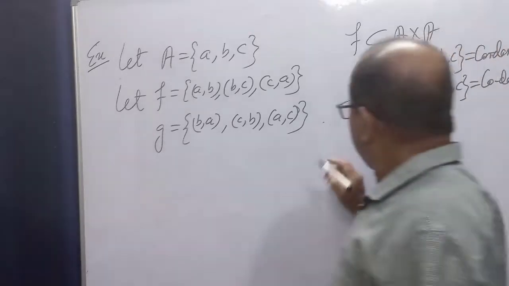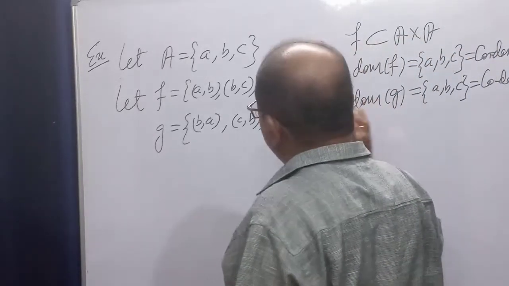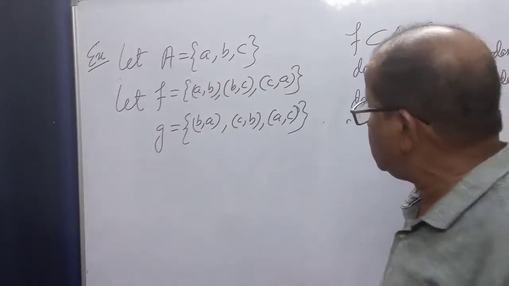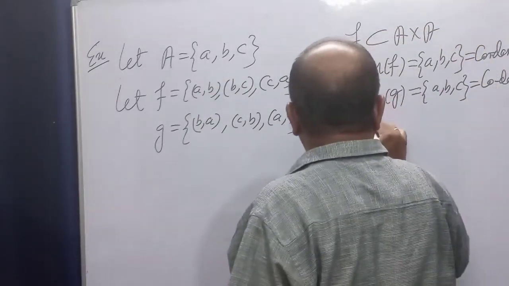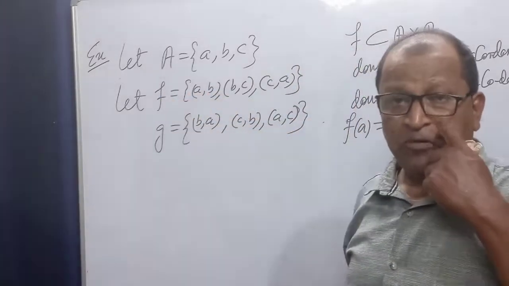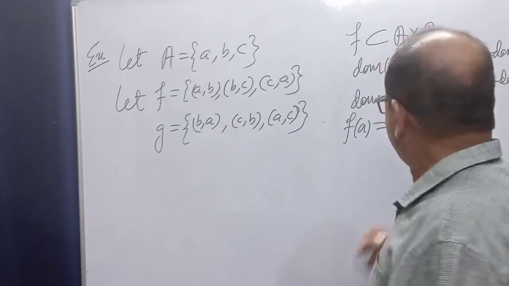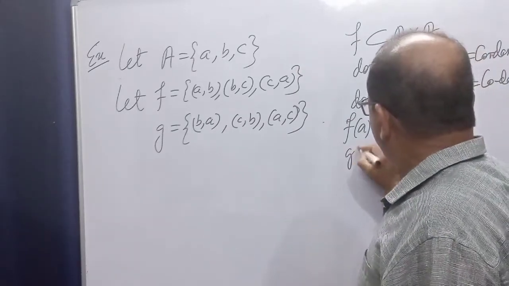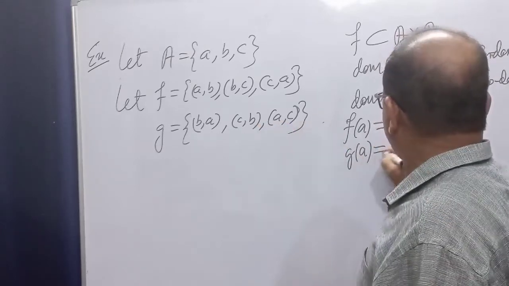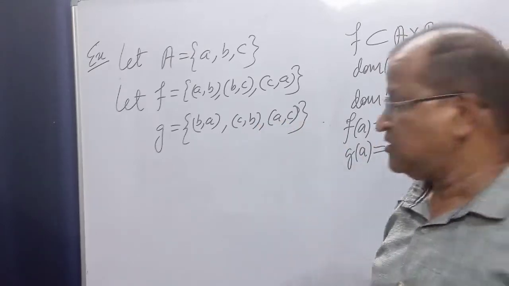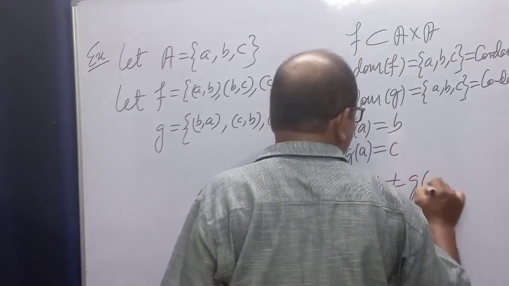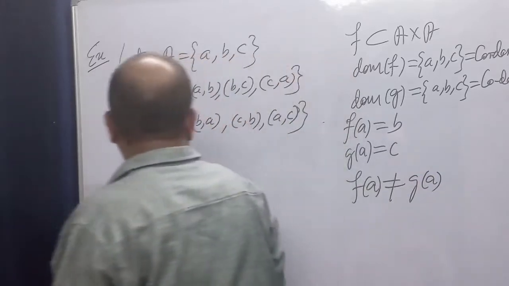Why? Domains are equal, codomains are equal, but the third condition you see, what is f of a? f of a is b. If (a, b) belongs to f, it means f of a is equal to b, right? And what is g of a? g of a is c. You see, so f of a is not equal to g of a, right?